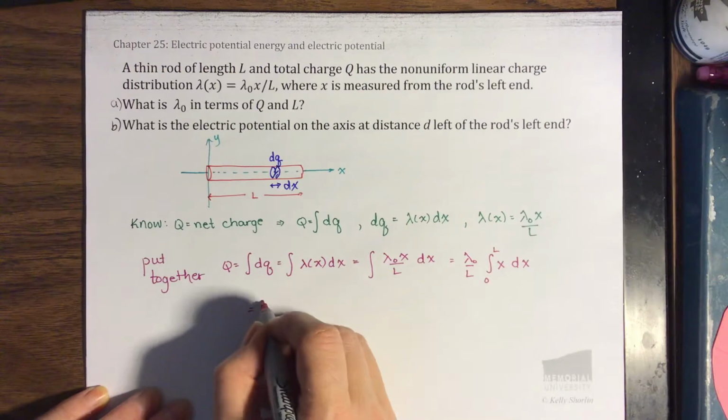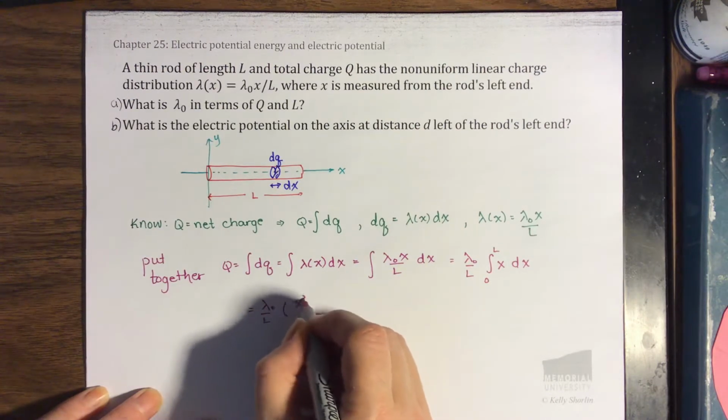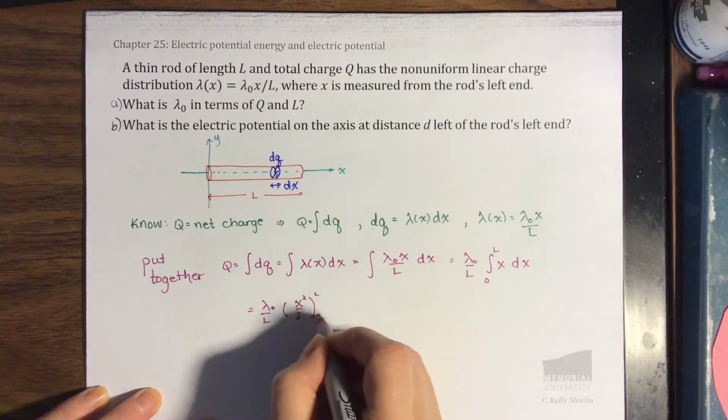Let's keep going with our integral. The integral of x dx is x squared over 2. That's going to be evaluated at L and 0.